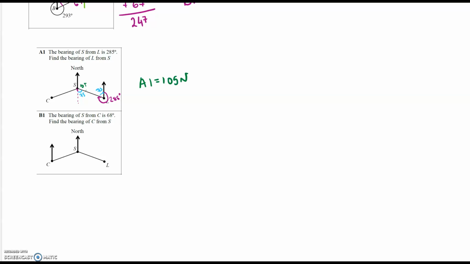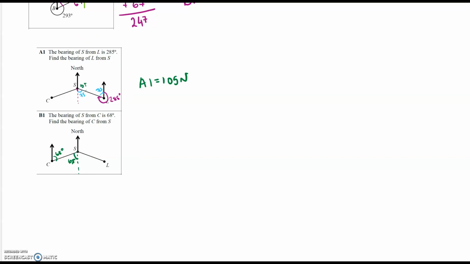The bearing of S from C is 68 degrees. So that bearing of S from C is 68. Find the bearing of C from S. So again, if I mark in my parallel line, if that's 68 degrees there, that alternate angle is also 68 degrees.